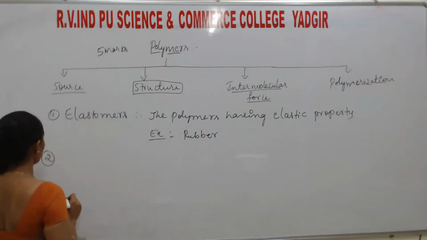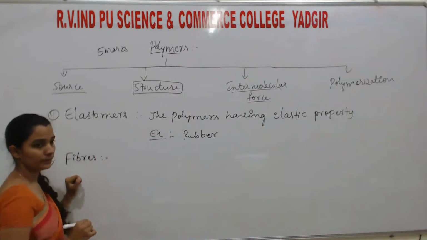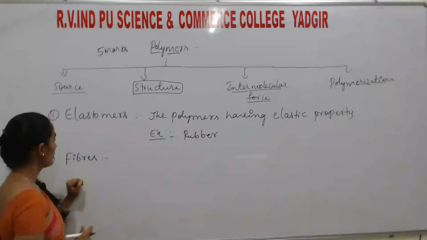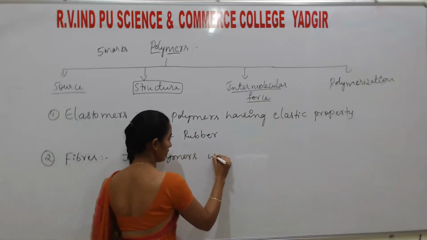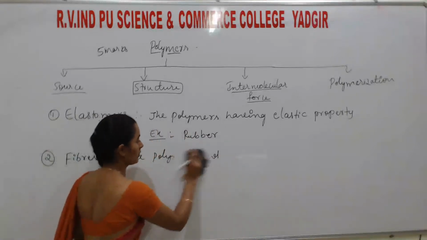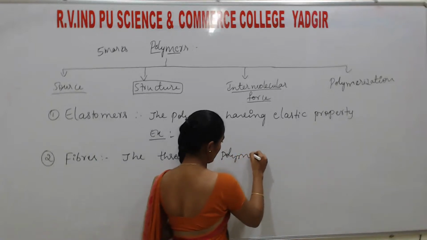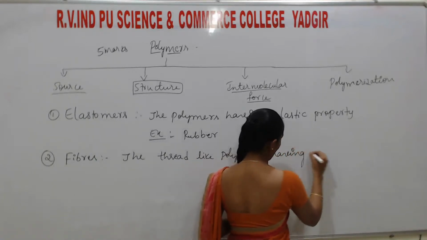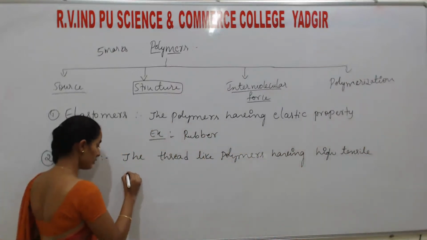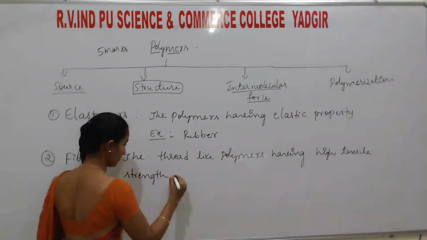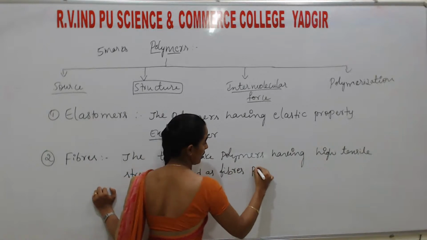Next one. Fibrous polymers. So the thread-like polymers having high tensile strength are called fibrous polymers.